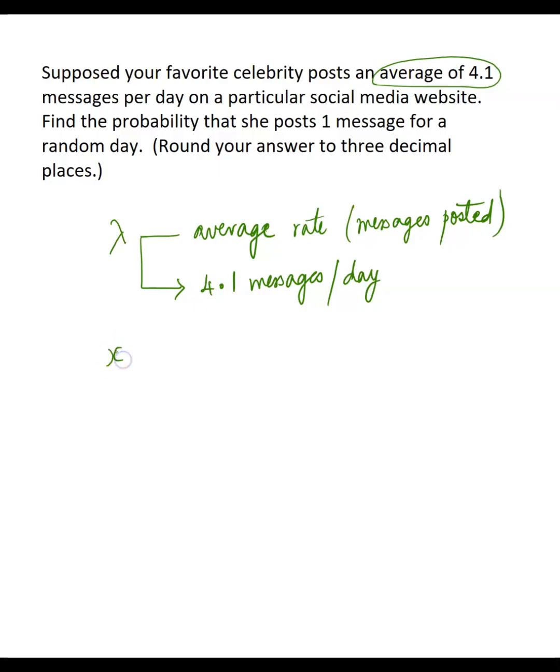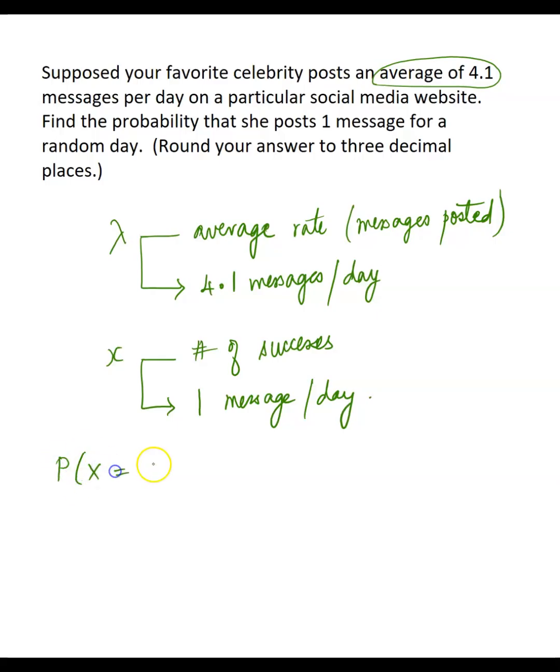And then your x would be the number of successes, right? In this case, success is the number of messages posted. And here it is just one message per day. So in other words, you're asked to find when it's exactly equal to one message a day, right?